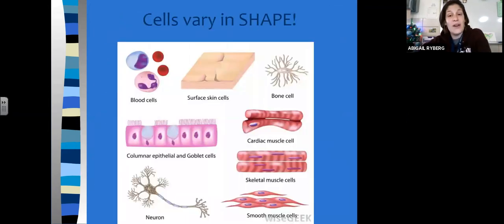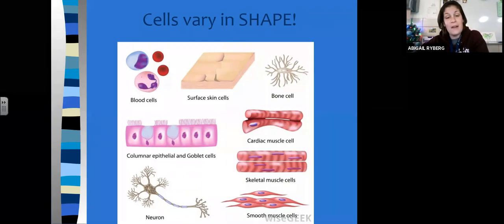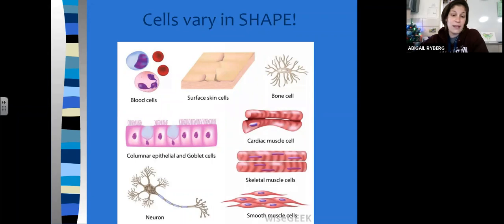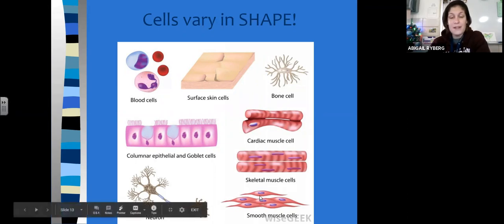Cells can vary greatly in shape. Depending on their function, the shape of the cell is going to reflect it. You can see some different examples of types of blood cells, surface skin cells, bone cells, which look really funny. Muscle cells even differ depending on what type of muscle cell it is.